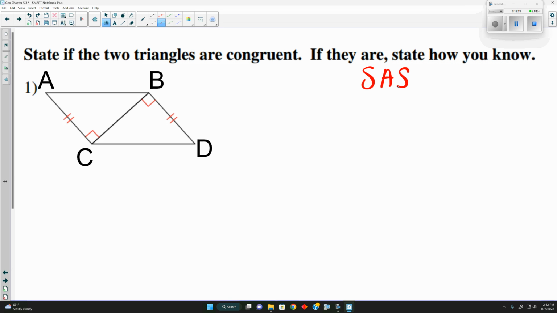So looking at this here, what do we have that is congruent? Well, AC is congruent to BD. So we have a set of sides that are congruent, yes? Do we have any angles that are congruent? Yes, B and C.